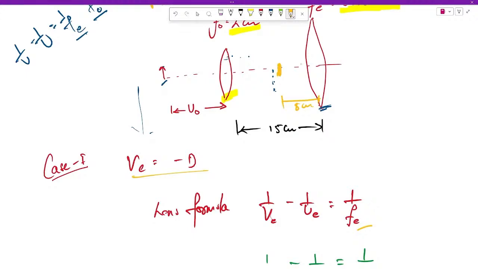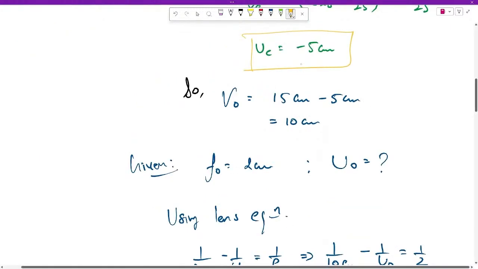The image by the objective is treated as the object for this eyepiece. If the object should be 5 centimeter from the left of the lens, then the image formed by the objective should be at 10 centimeter on the right side of this lens. So VO, the image distance for the objective, is 15 centimeter minus 5 centimeter, that is 10 centimeter.